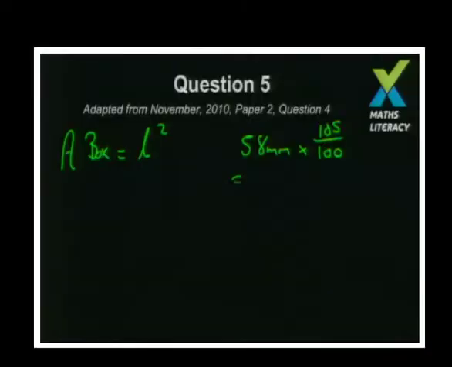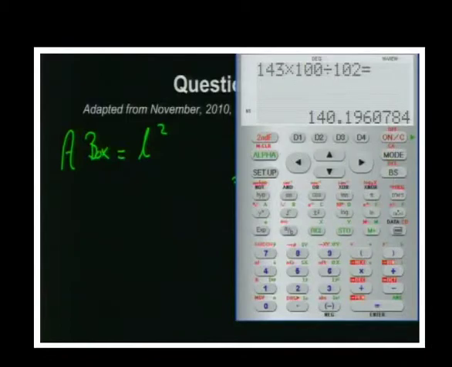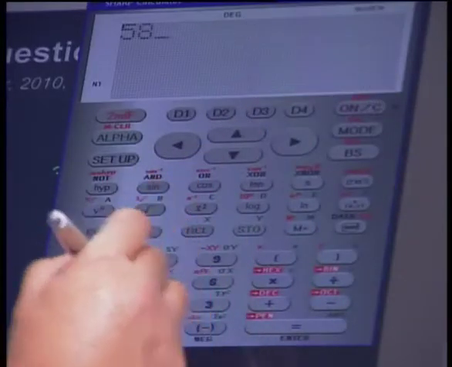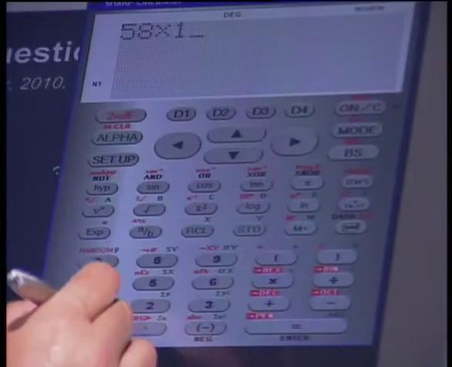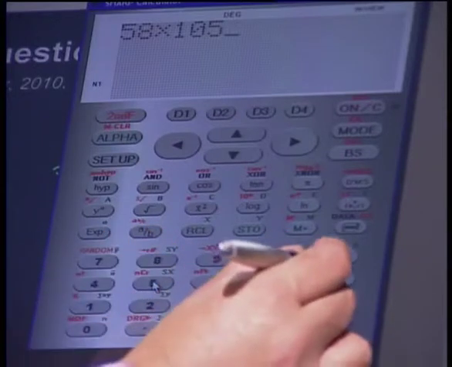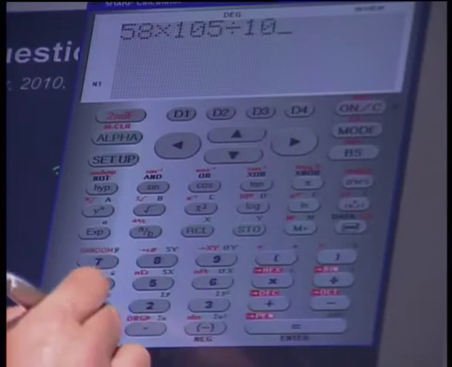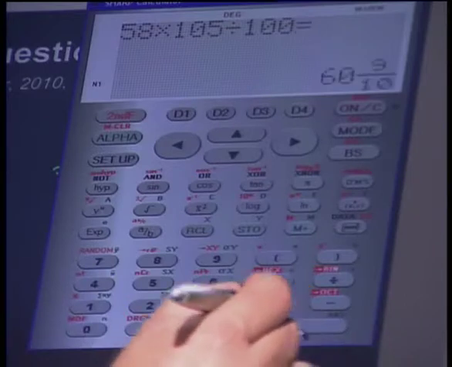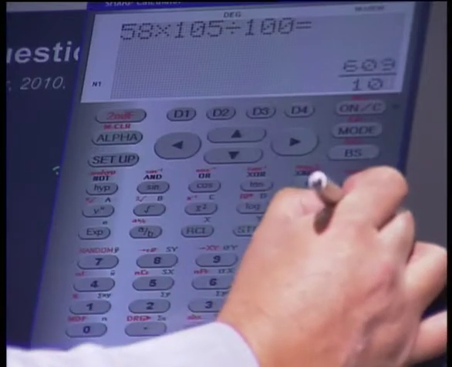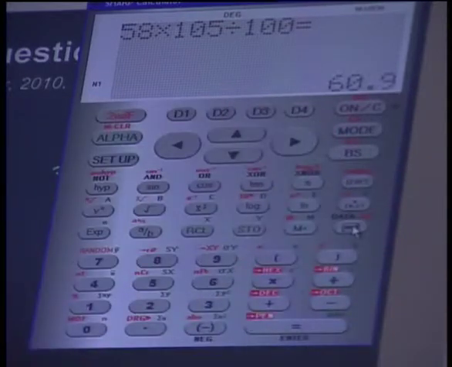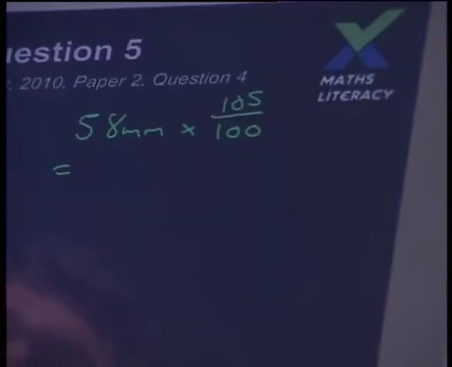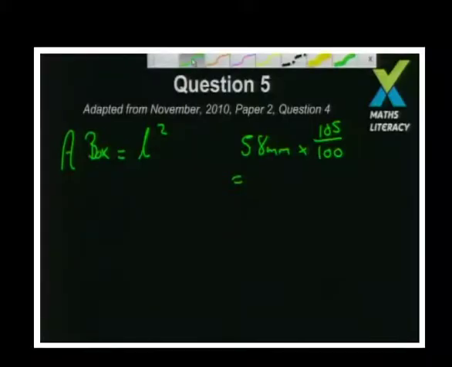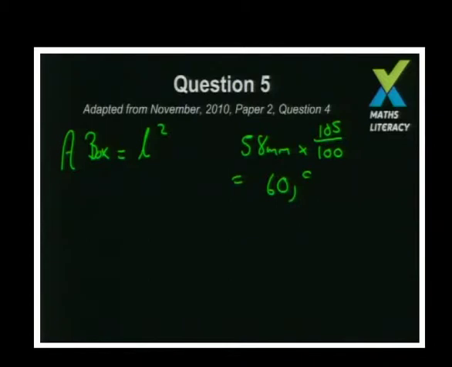And now all we're going to do with our calculator is say, right, I want 58 millimeters, multiply that by 105, divide it by 100, and my length is going to land up being 60,9. So I've got a length then of 60,9 millimeters.